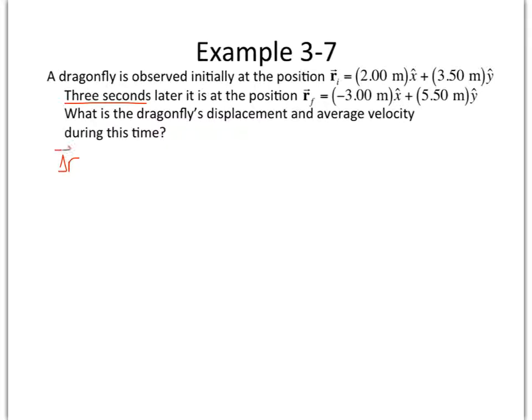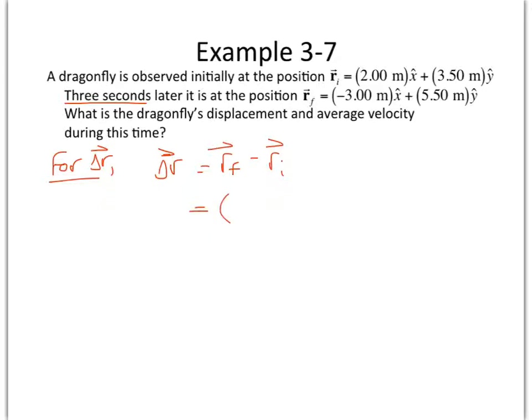Okay, for delta r, in fact, I'm going to write delta r for our displacement. Okay, we can say displacement vector equals the final position minus initial position. Now we could set that difference up using a vector table or a component table, but we don't have to because we can do that using unit vectors. So we can say it's the difference between the r initial x hat and the r final x hat. Okay, so what's the final minus initial x hat?